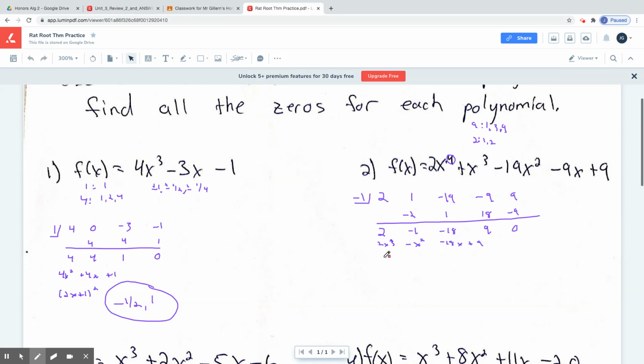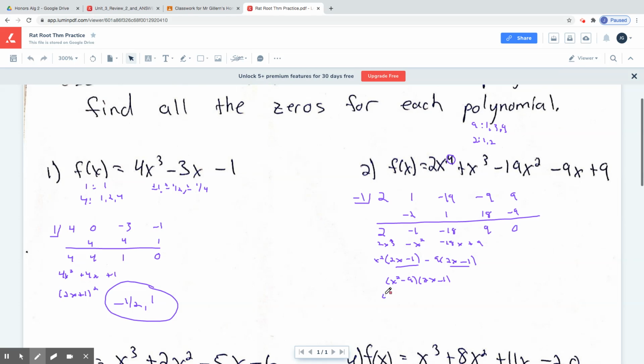If I were to take out an x squared, I'd be left with 2x minus 1. If I took out a negative 9, I'm left with 2x minus 1. I can do this by grouping, which means this is x squared minus 9 times 2x minus 1.